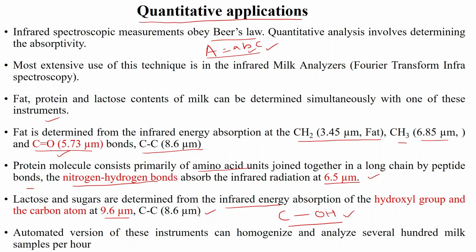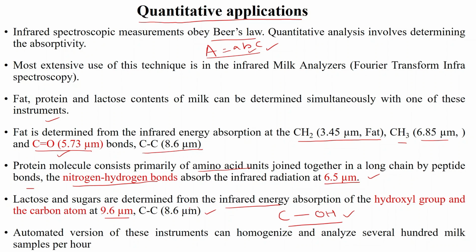So just to show that quantitatively we can determine fat, protein, and lactose using FTIR instruments, the principle is the same: as the concentration will be higher, more intensity will be there at the frequencies, and that way we will know how much the concentration is.